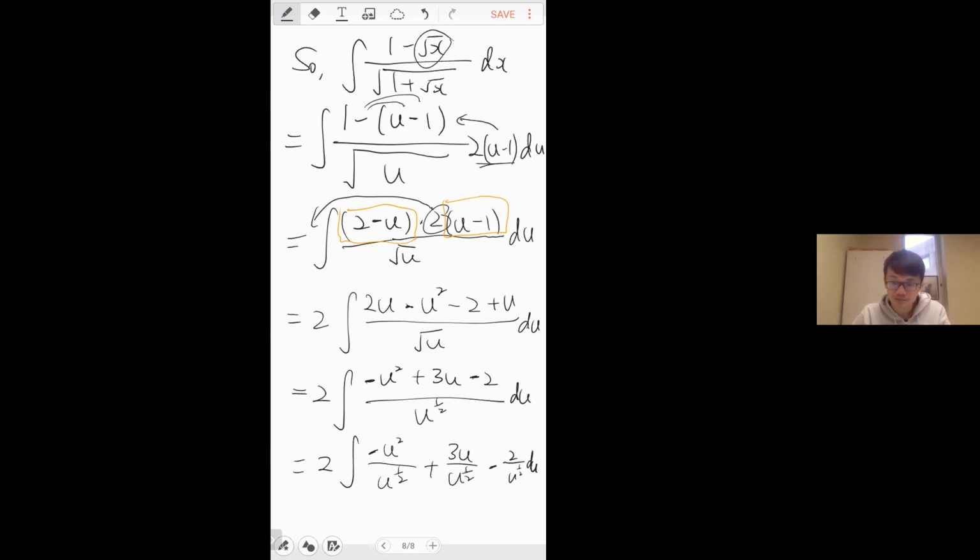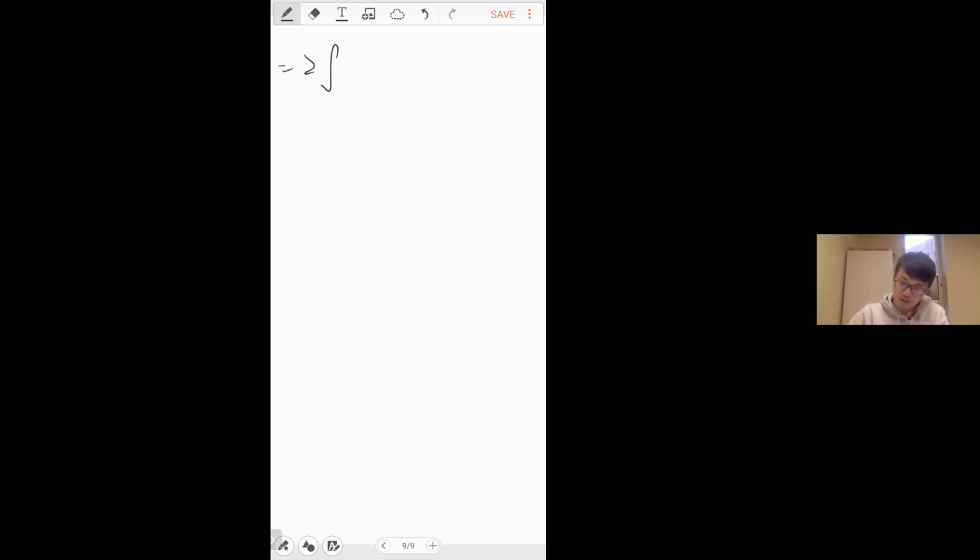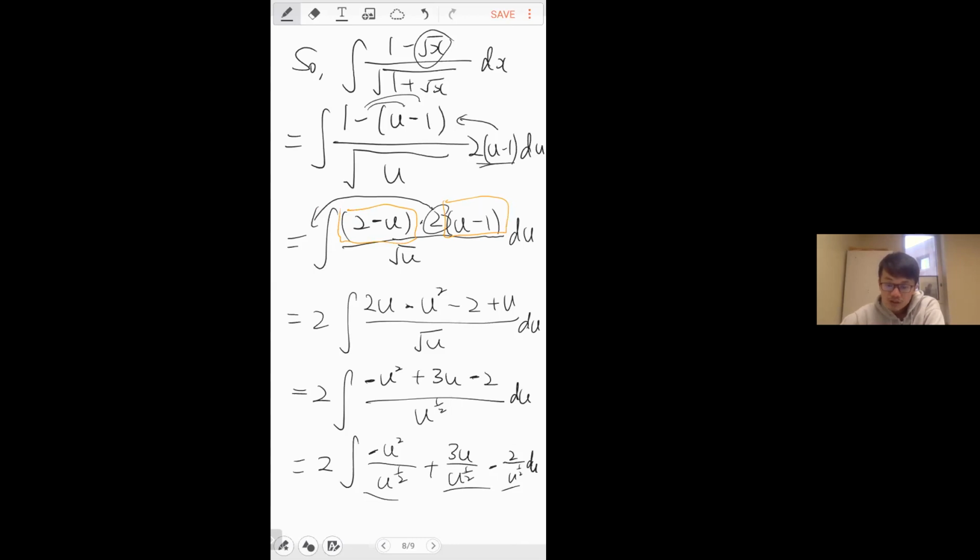But I need to simplify this first. So negative u squared divided by u to the 1/2, what is the first term? You have square and you have 1/2.